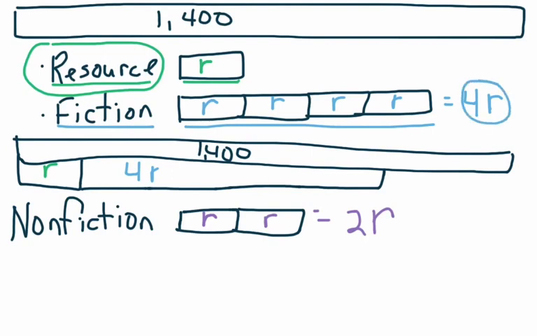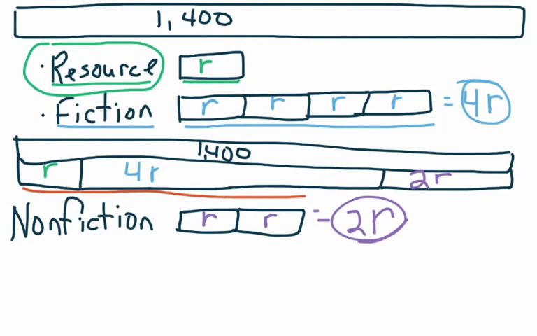I got that from right here. And then the last section represents nonfiction, and that's going to be a 2R. I got that from right here. So what equation could I write that would represent this tape diagram right here? The whole entire thing.